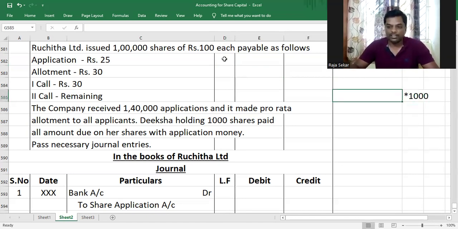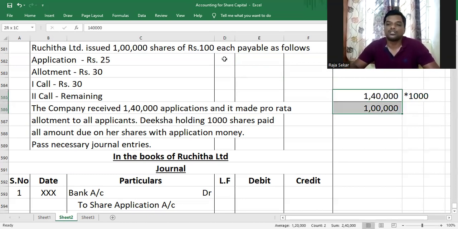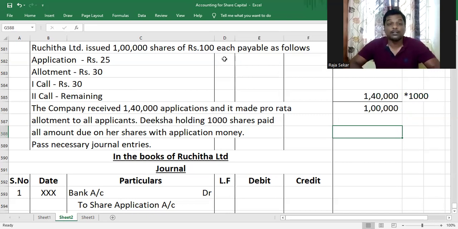We multiply and write the number of shares held by Diksha. If the number of shares is given, then in the denominator we'll write the total number of shares allotted on pro rata basis, which is 1 lakh, and in the numerator we'll write the total number of applications on which pro rata allotment was made, in order to find the total applications made by that particular shareholder.